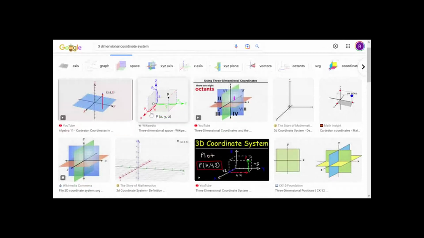So this is X, this is Y, and the Z is coming out like this. This is the X, Y, Z three-dimensional coordinate system. So now when you take a point like (1, 1, 1), it'll be a point in this three-dimensional space.